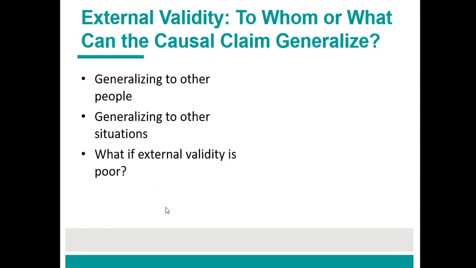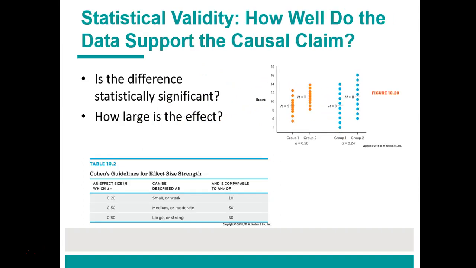External validity, who can you generalize the study to? What other people, other situations? Again, look at who are the participants, to who can you generalize your claim. Statistical validity, did they do the right statistic? Is it statistically significant? How large is the effect?